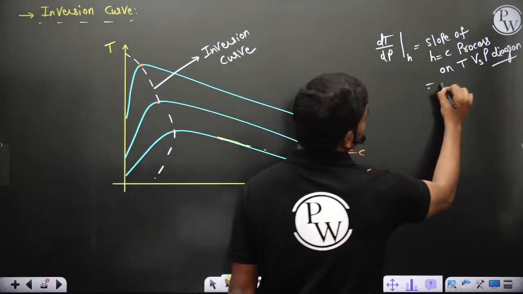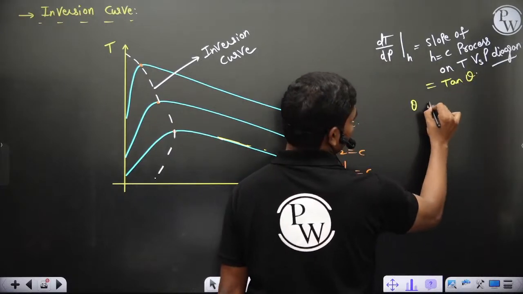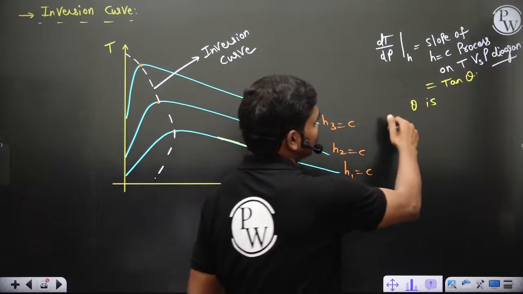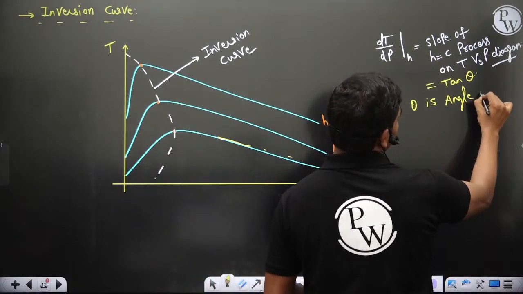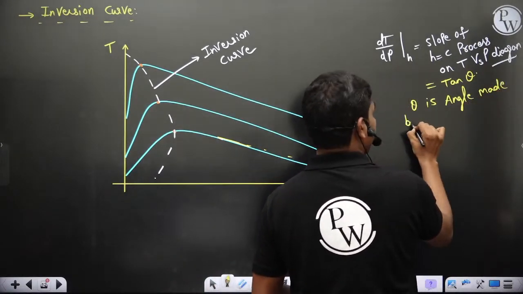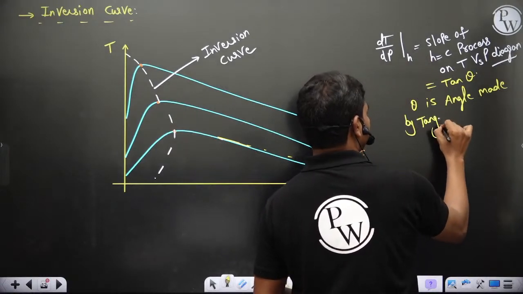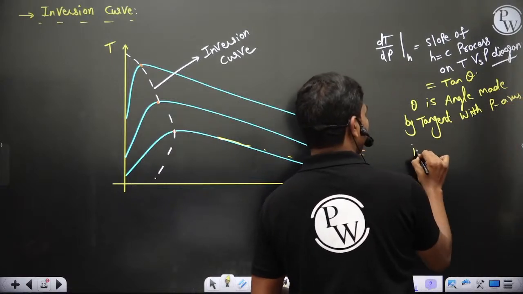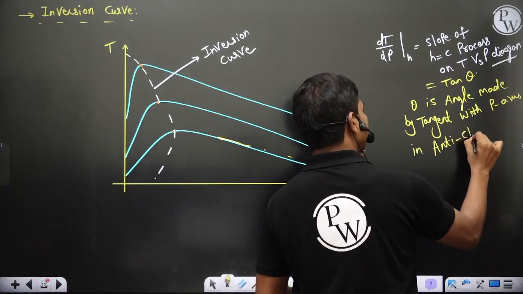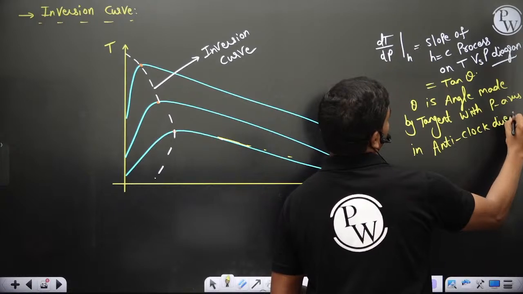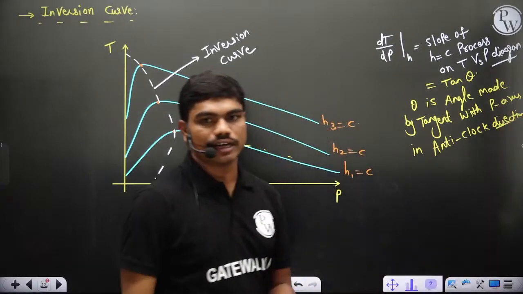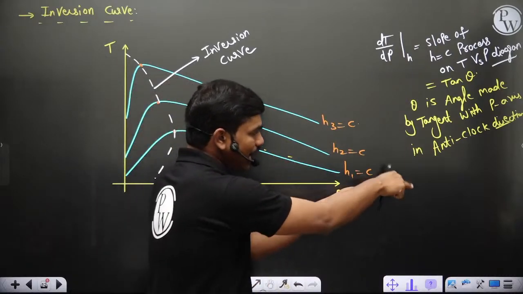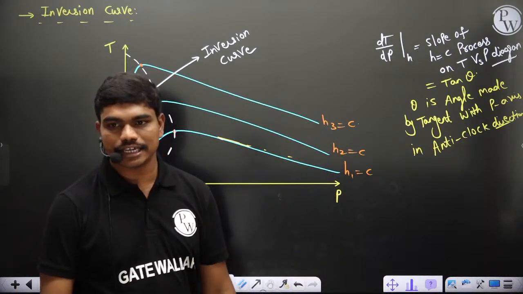This is nothing but tan theta, where theta is, as in basic calculus, the angle made by the tangent with the x-axis, the pressure axis, in the anticlockwise direction. If I draw a tangent here, by the time it meets the pressure axis, will the angle be more than 90 or less than 90?